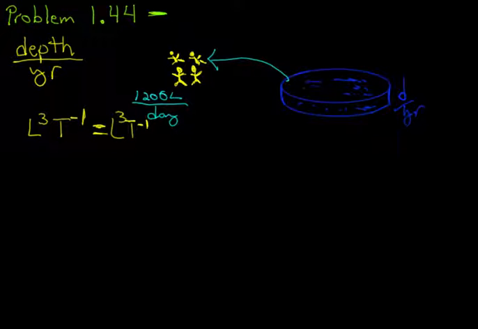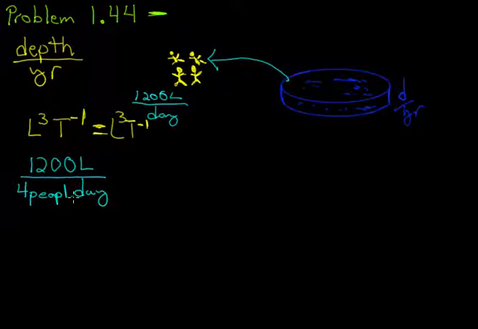So let's just write what an average family of 4 uses: 1,200 liters of water per day, and average per 4 people, right? And so that first sentence can be turned into this fraction, 1,200 liters per 4 people per day.